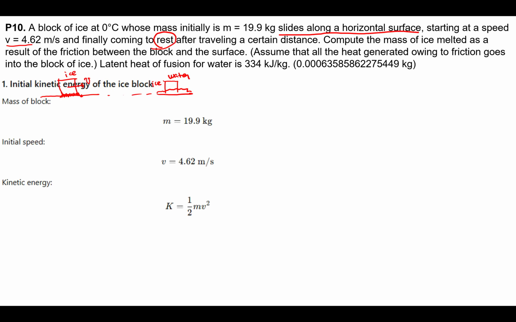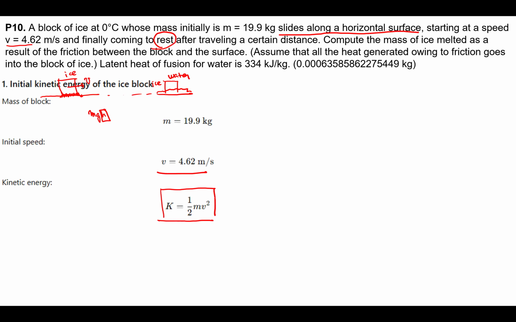The mass of the block was initially this, and the initial speed is this one. Note that it is sliding along the surface, so there's no change in the height, and only the kinetic energy changes.